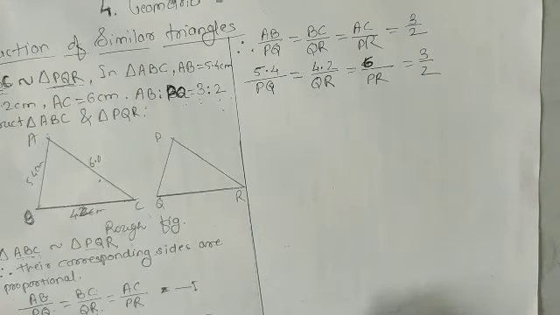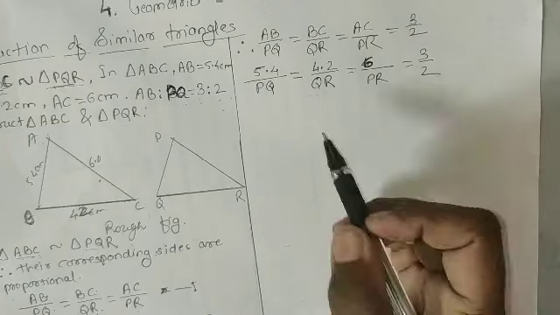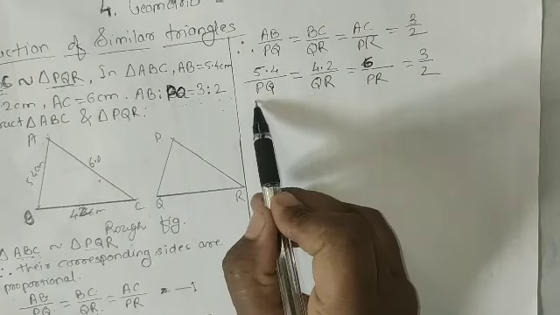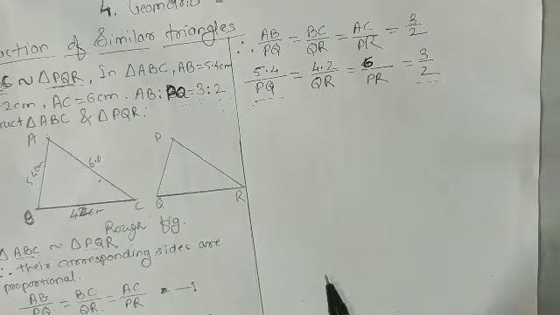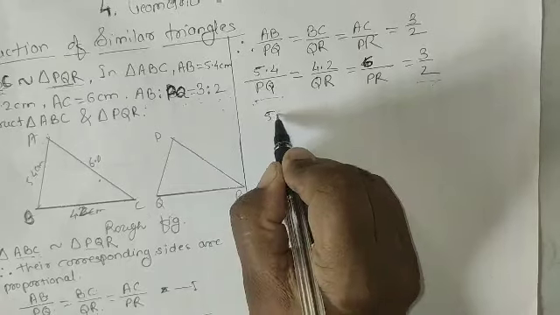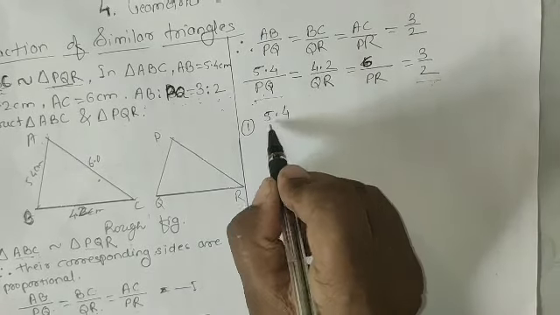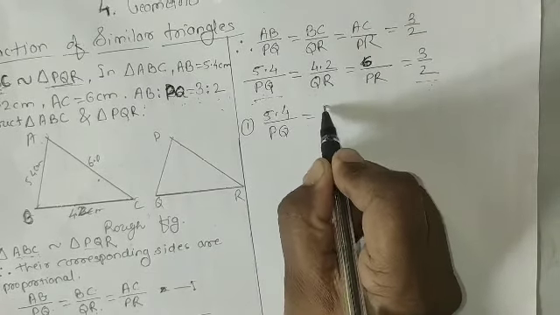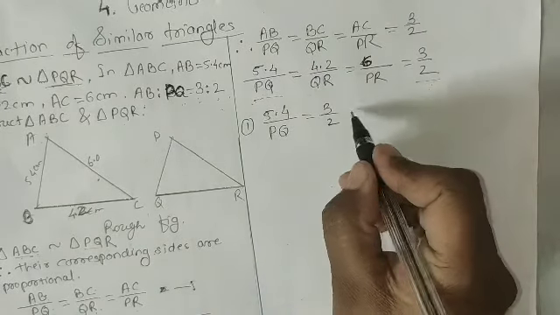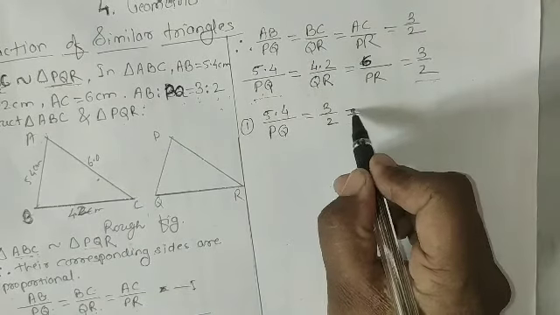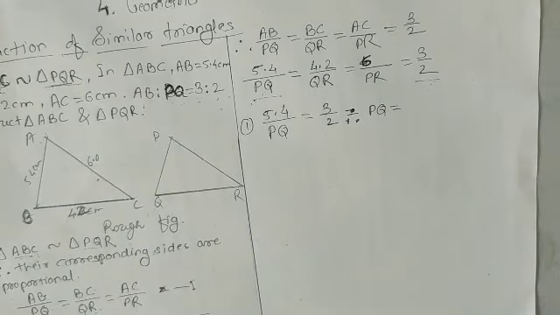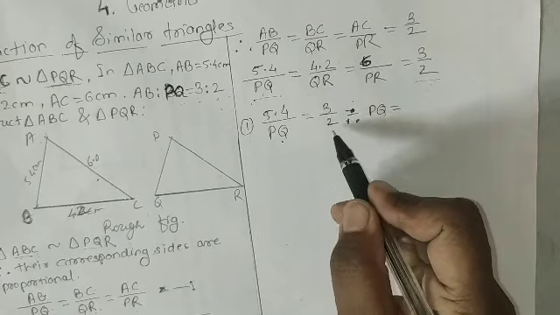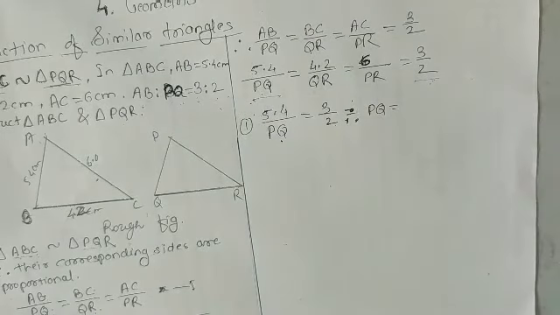Now what we have to do here is take one ratio from these and the ratio 3 by 2, and then we will get the values. First we are finding PQ. 5.4 upon PQ equals 3 upon 2. Therefore PQ equals 5.4, the 2 will come here for multiplication into 2, and the 3 will come here for division.